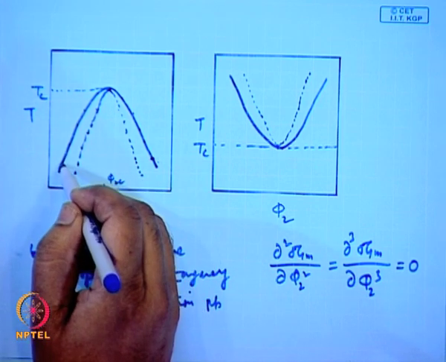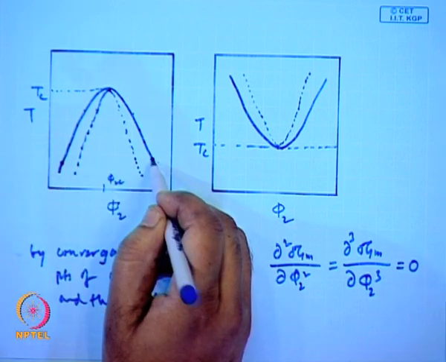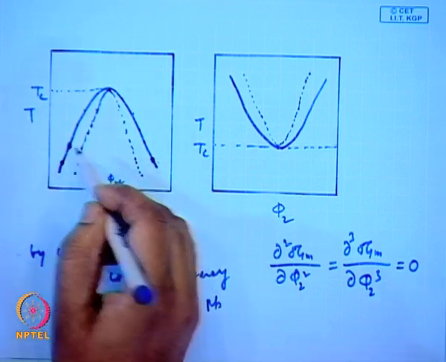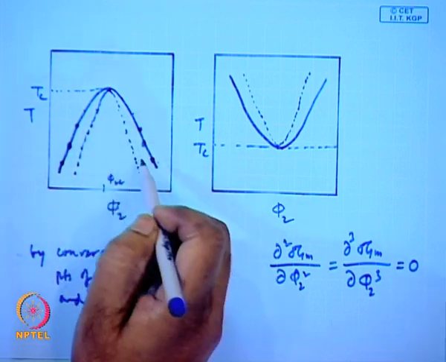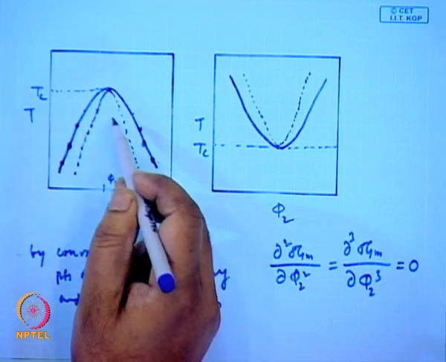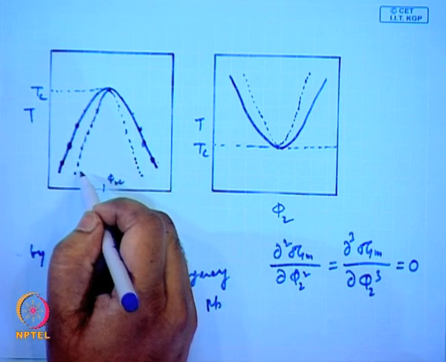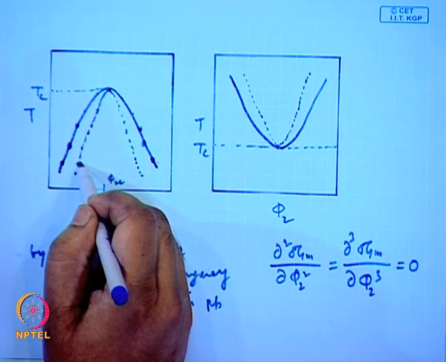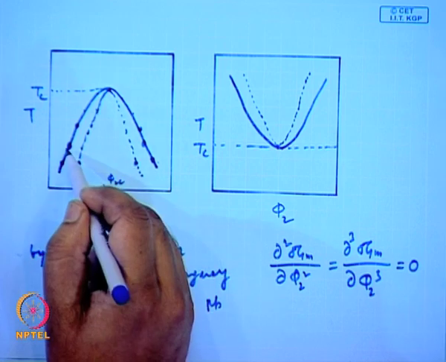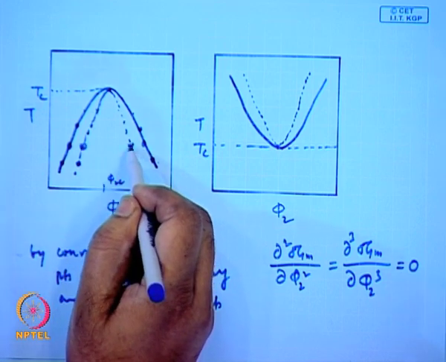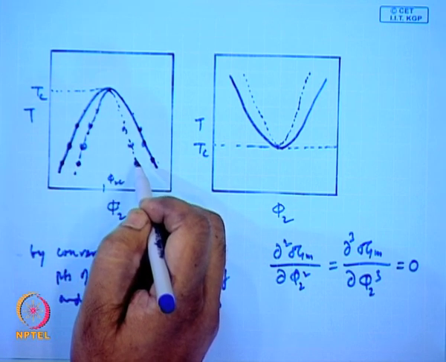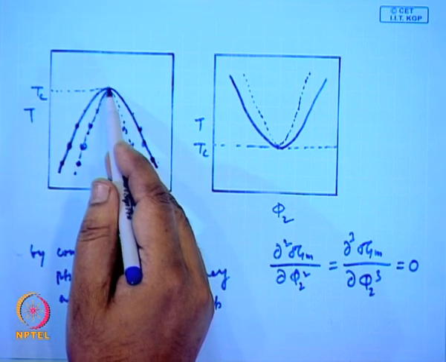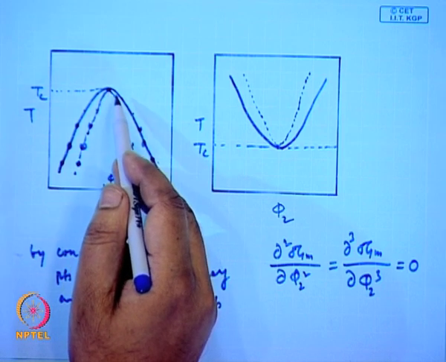So, if for one temperature you got binodal points here and here, for another you got binodal points here and here, and for another one here and here, you just join them and get a binodal curve. Similarly, at this temperature you have spinodal points like here and here, at this temperature you have here and here, similarly here and here, you join them to get a spinodal curve, and this is the point where they converge.